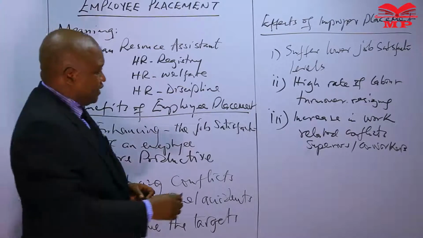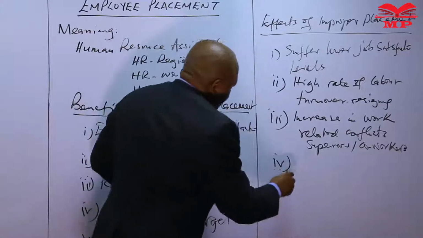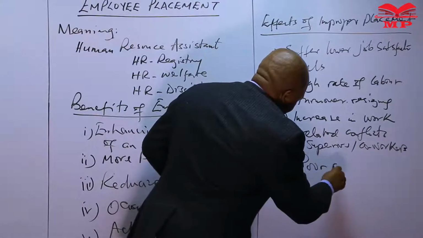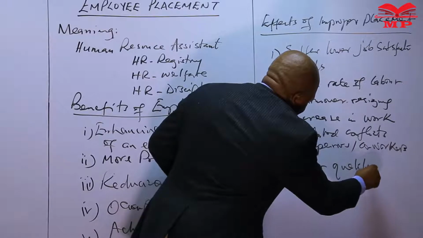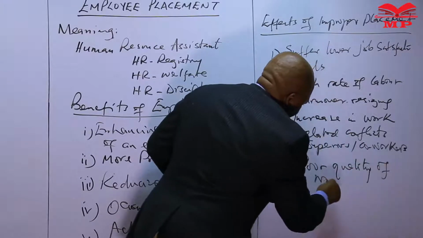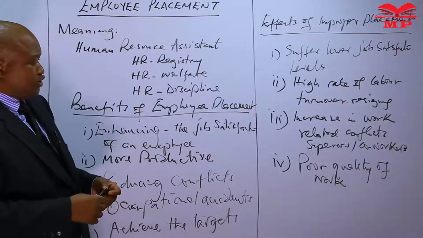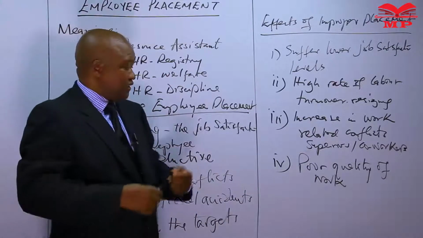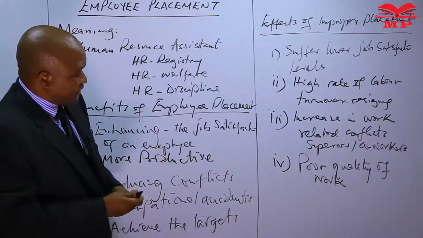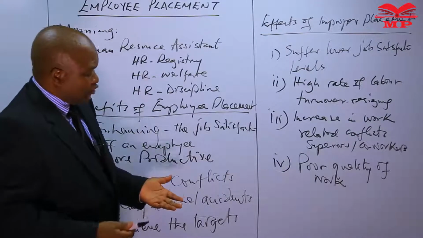Then fourthly, poor quality of work. Employees are expected to provide high levels of quality of work in terms of what they produce, in terms of the services they provide to their stakeholders.